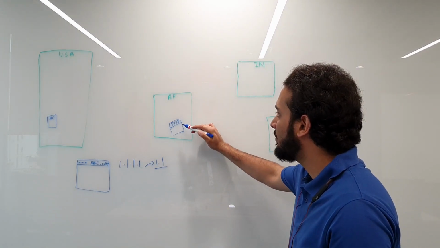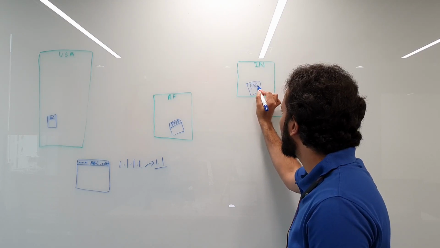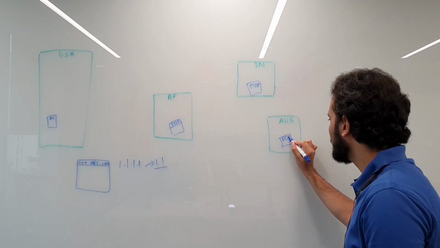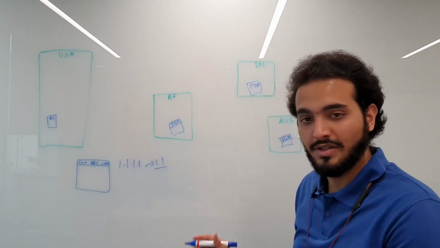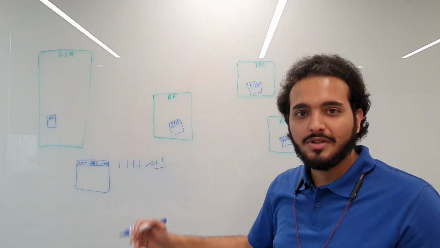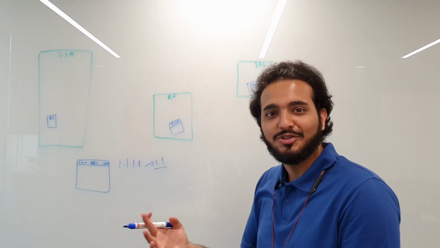We have a POP in Africa, a POP in India, and a POP in Australia. Just to clarify, you do not necessarily need to have only one POP in one region. You can have thousands of POPs. It just depends on how much money you're ready to shed and how much overcomplication you require in your architecture.